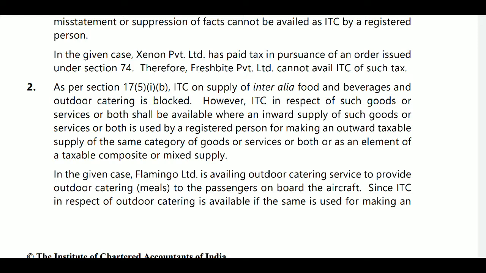However, ITC in respect of such goods or services or both shall be available where the inward supply of such goods or services or both is used by the registered person for making an outward taxable supply of the same category of goods, services or both, or as an element of a taxable composite or mixed supply.